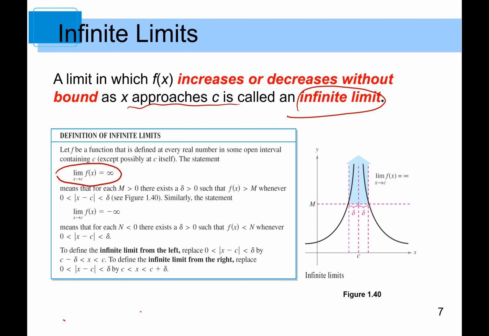In this particular graph, from the left-hand side of c and from the right-hand side of c, the limit becomes positive infinity. The limit as x approaches c of f of x equals positive infinity, and this is what they call an infinite limit.